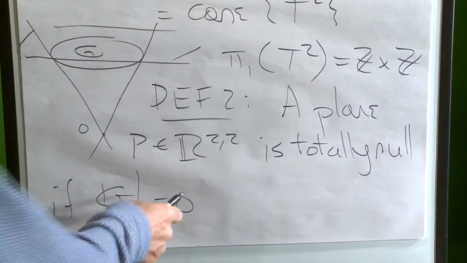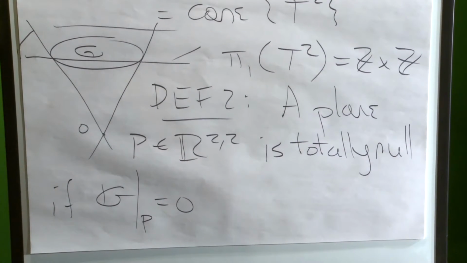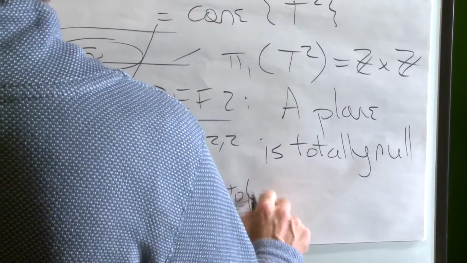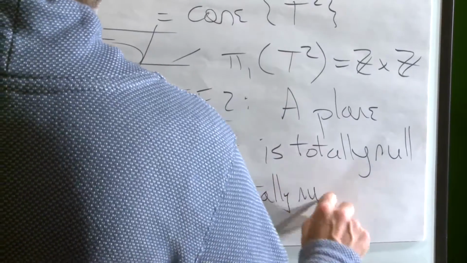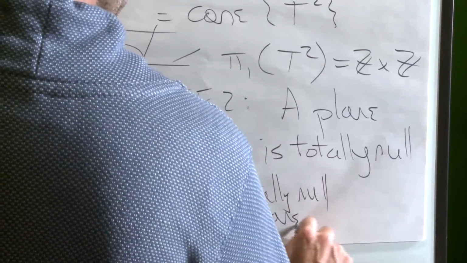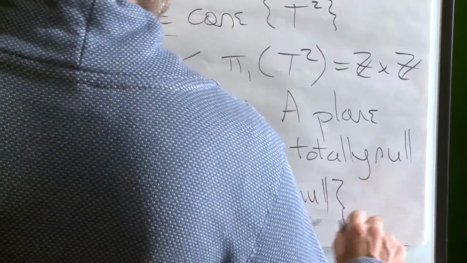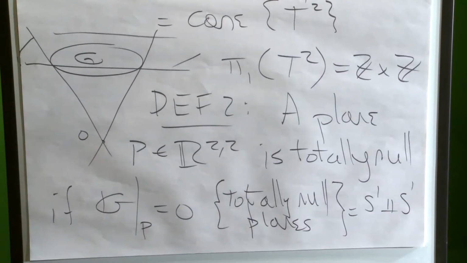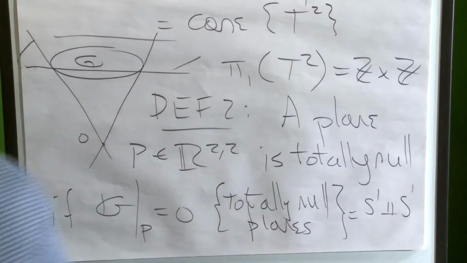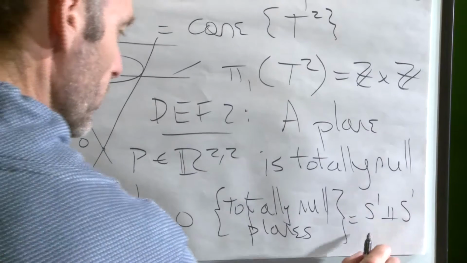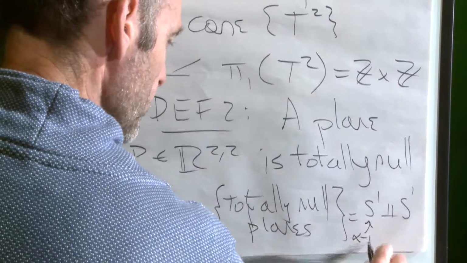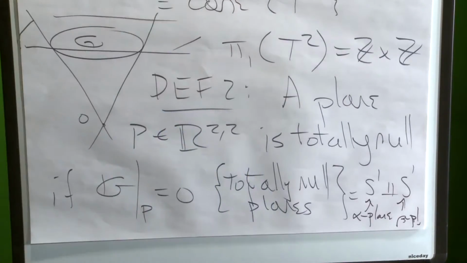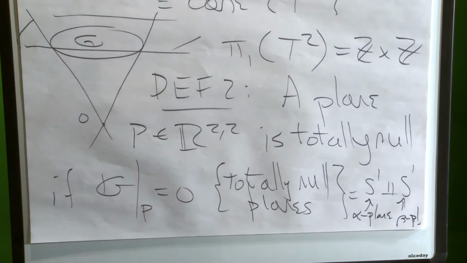Now, of course, this wouldn't exist in a Lorentz metric, but in signature 2,2, with this split signature, the set of all totally null planes is actually two disjoint unions of S1s. Each one of those represents a totally null plane. This disjoint union, we often call these the alpha planes, and the second one we would call the beta planes. Okay, so that's the second definition that we need.